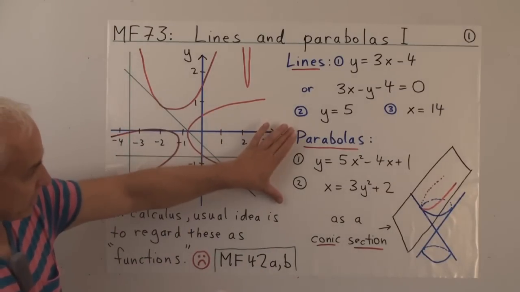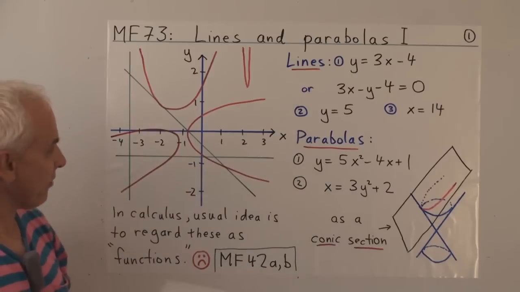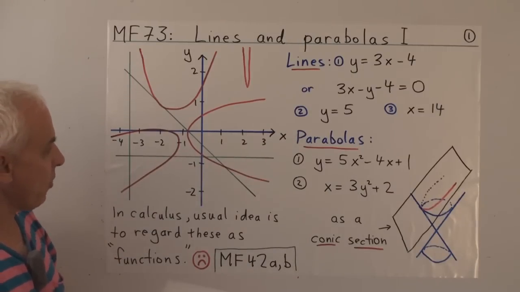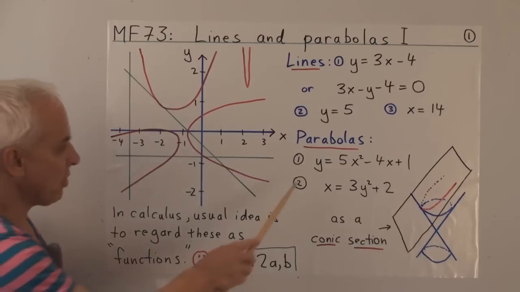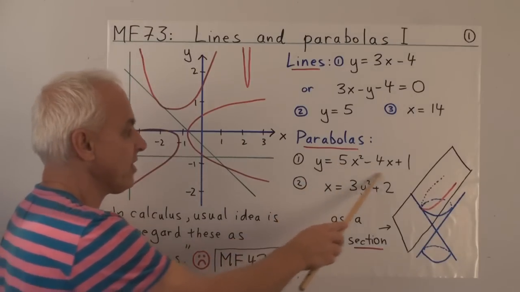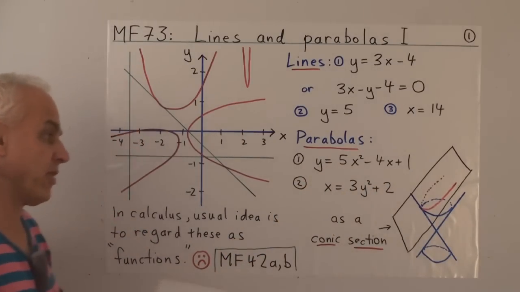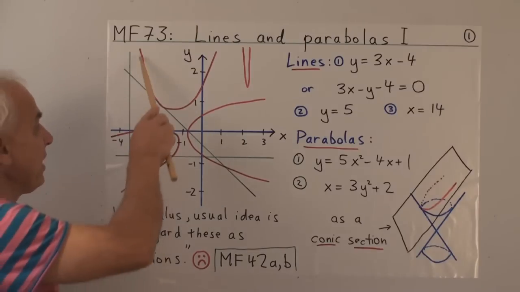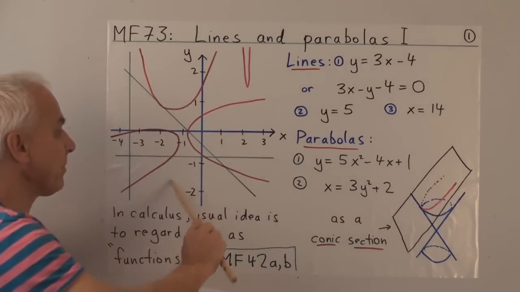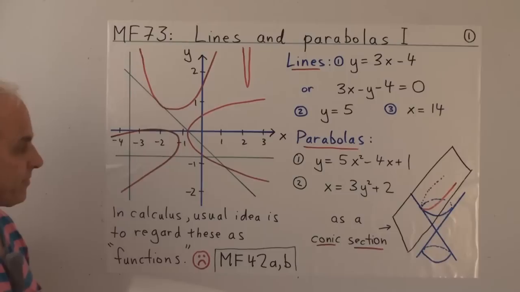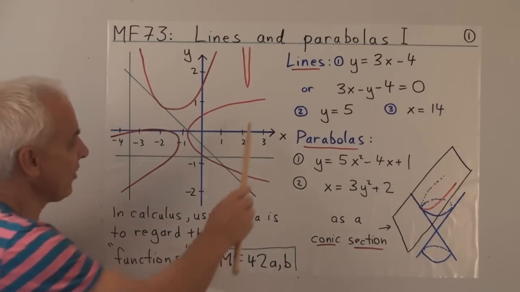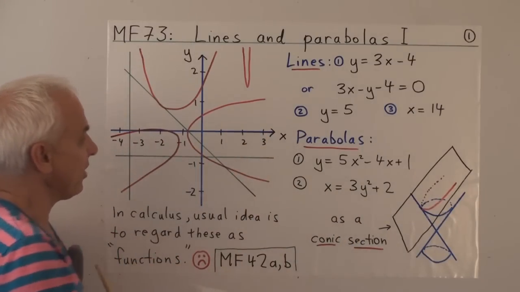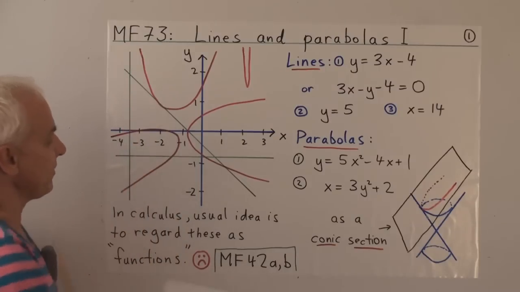The kinds of parabolas that are studied here are rather of a special form. They're ones that are lined up, either up or down. So a parabola of the form y equals something like a quadratic expression in x would be something like this, or something that opens downwards. While this kind of expression usually represents a parabola that opens either to the right or to the left.